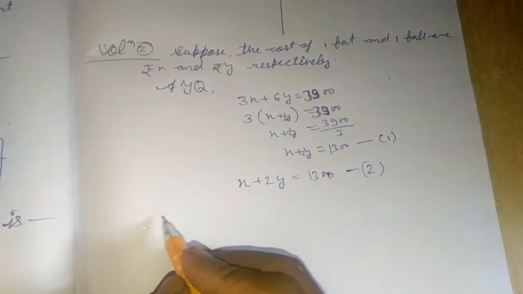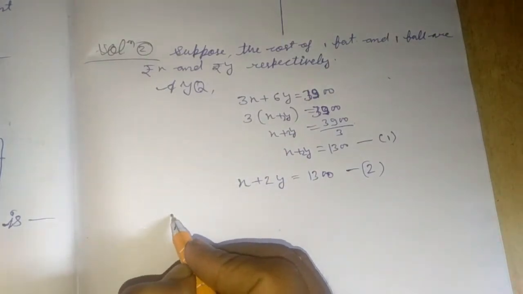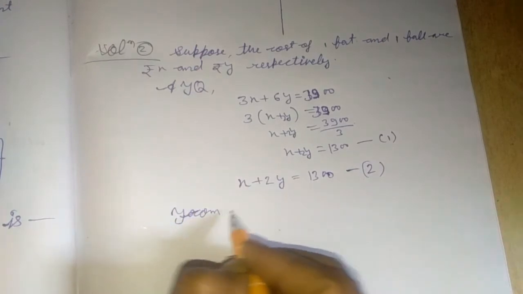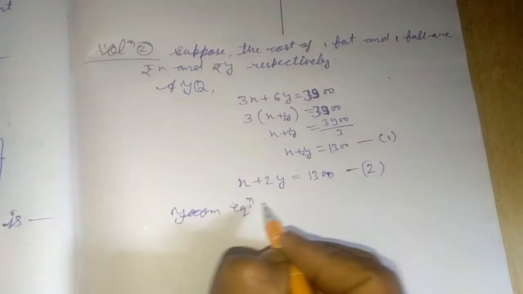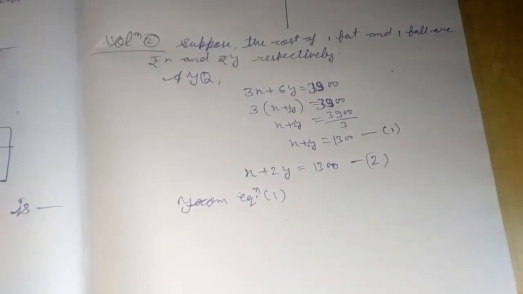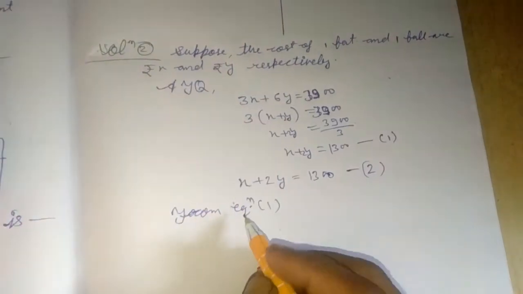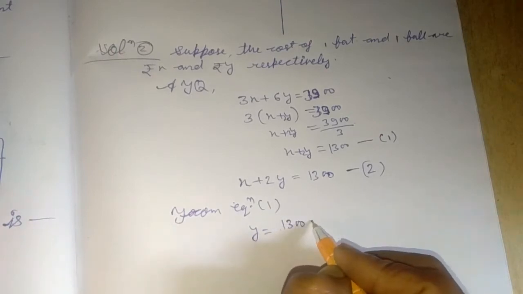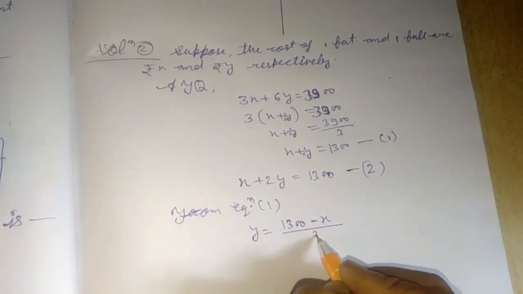Now the solution table will be, so first we write from equation 1, y in terms of x. So y is equal to 1300 minus x upon 2.